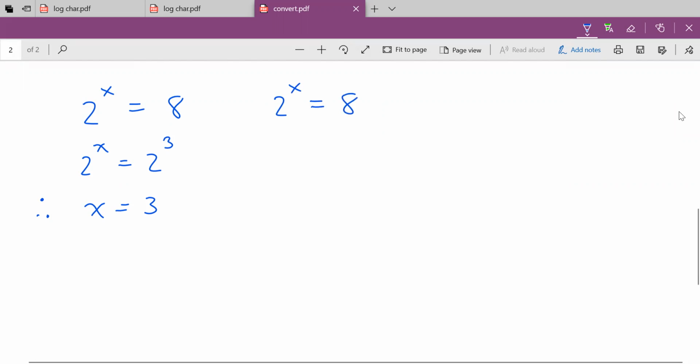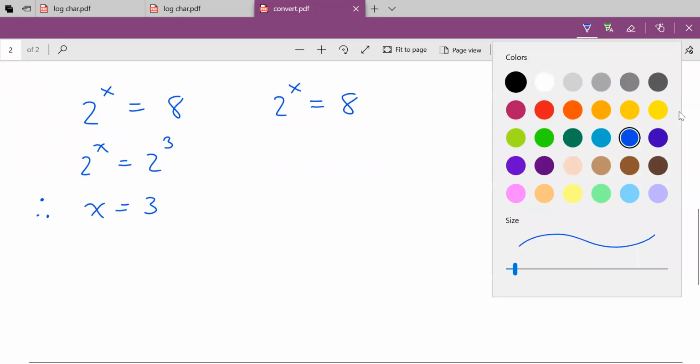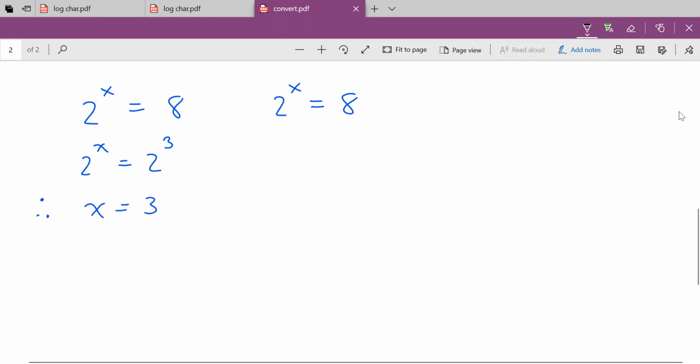Let's attack this in a different way. If you watched the history video, you know a little bit about logarithms. What I'm going to do is introduce a logarithm to both sides.